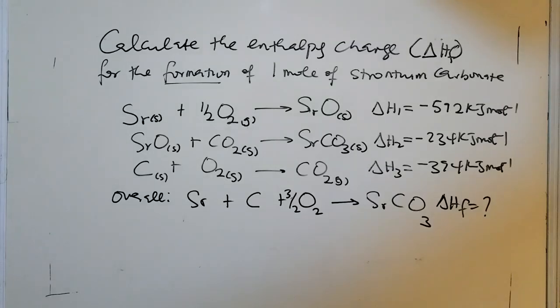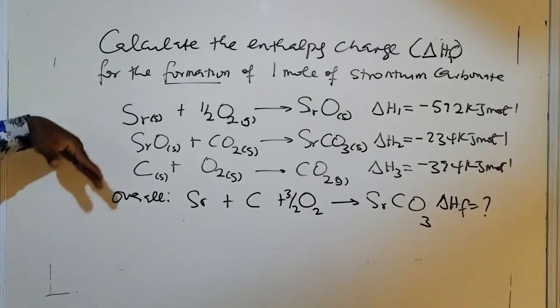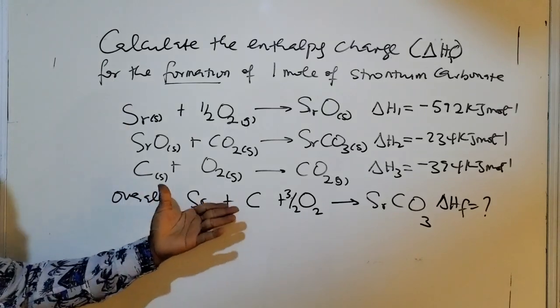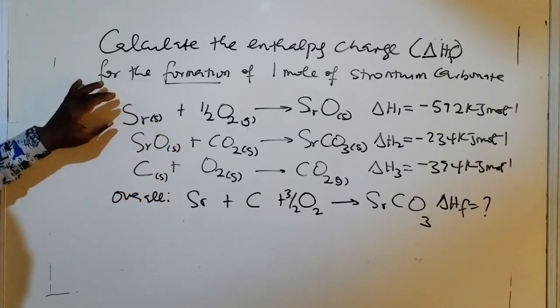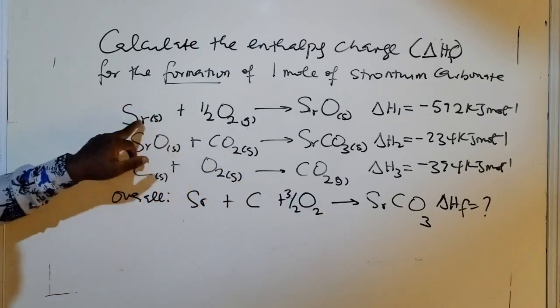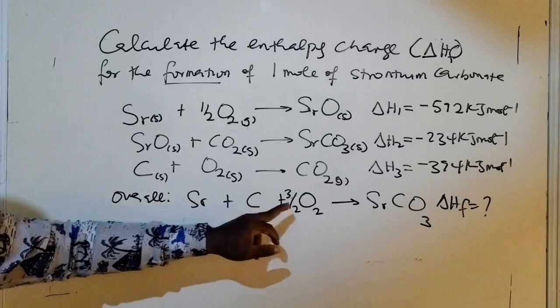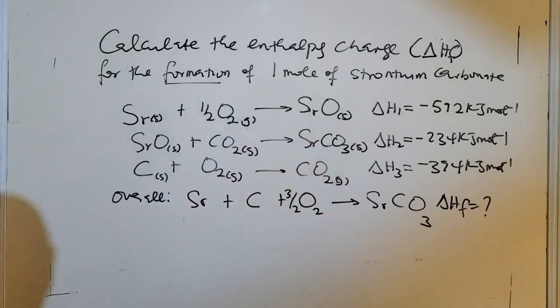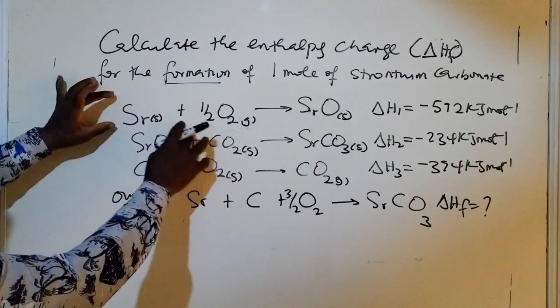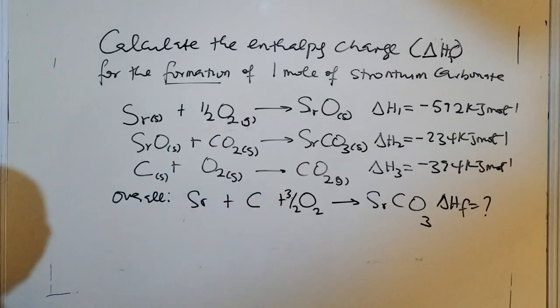Now let's go to the equations one after the other. Let's look at the first one. Let's look at what are the substances in this equation that are in this main equation that I found here. Strontium is found here, oxygen is found there, while these two are not in the main equation. But since strontium is 1 mole here and oxygen is half mole, we may think of manipulating oxygen.